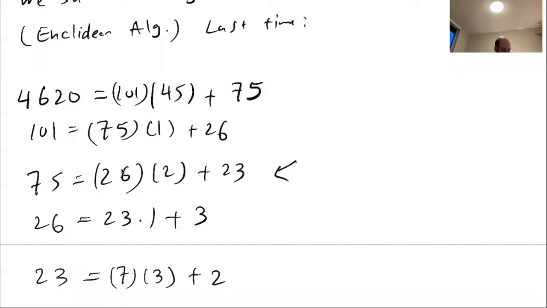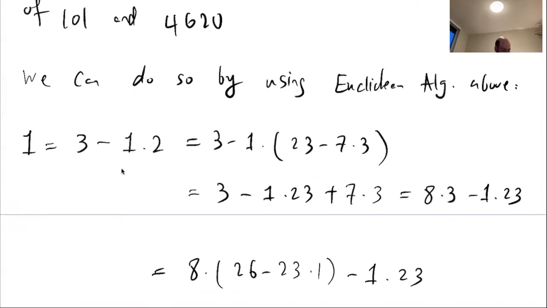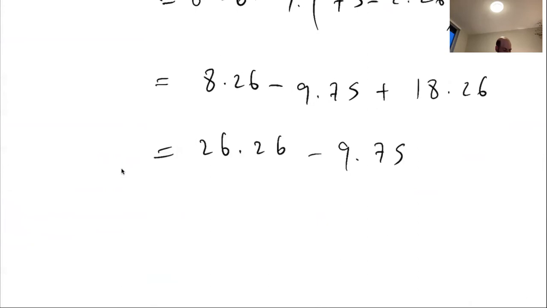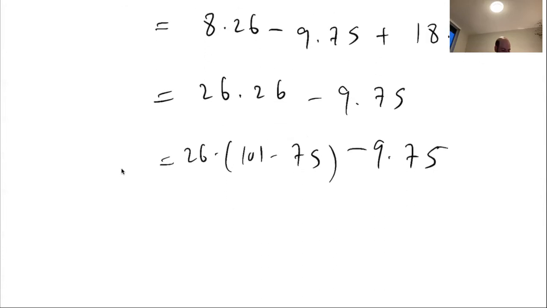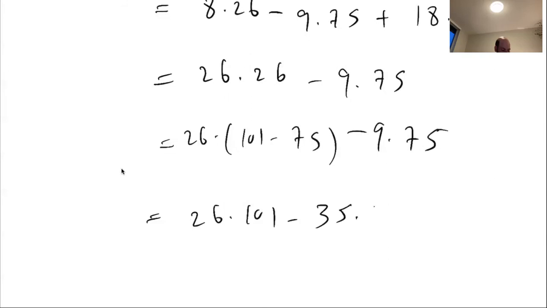And then 26 can be written as 101 minus 75, minus 9 times 75. So this is 26 times 101 minus 26 times 75, and 9 times 75 is 35 times 75.